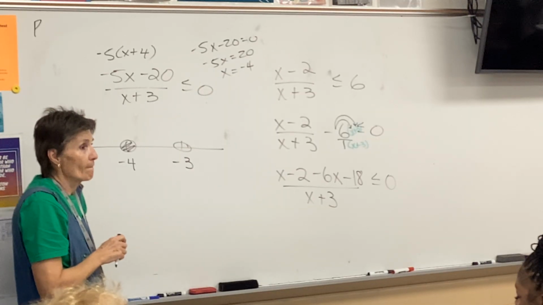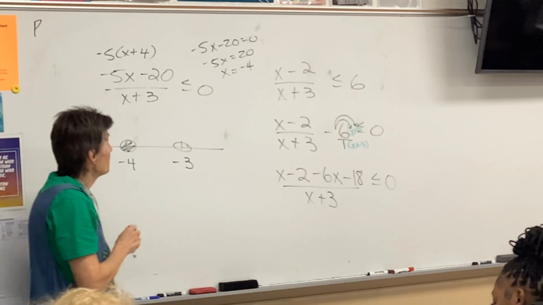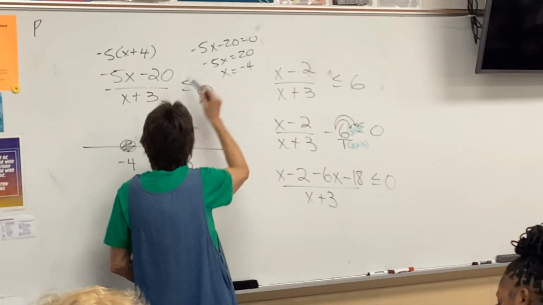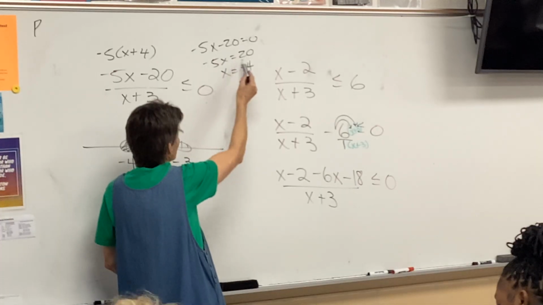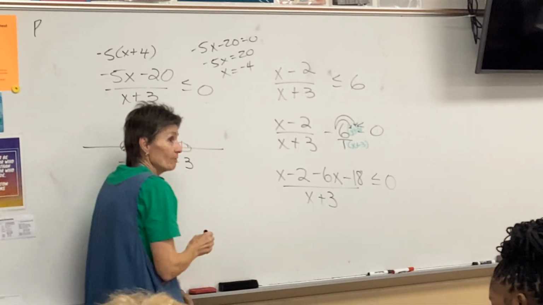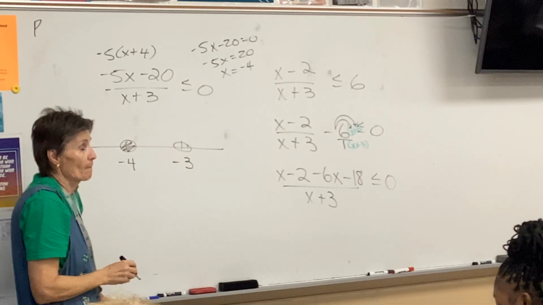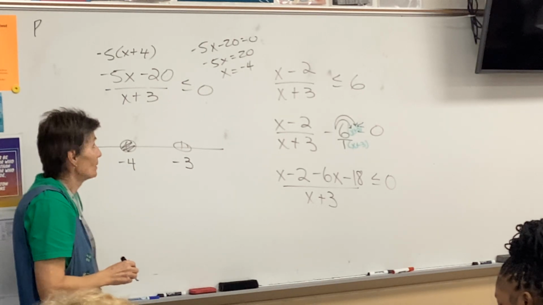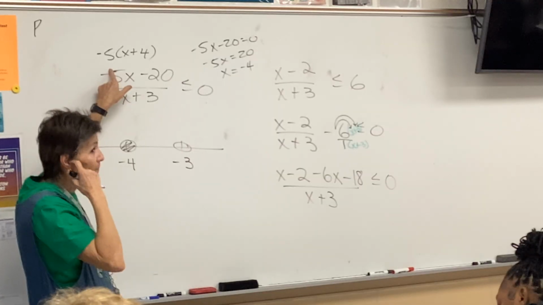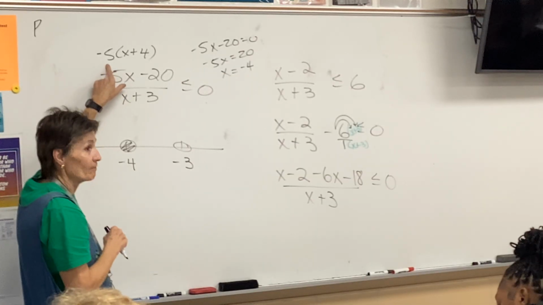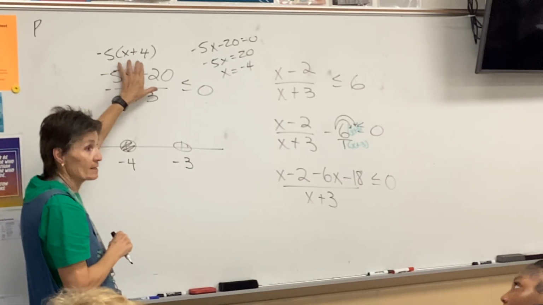Why is the 4 a negative 4, not a positive 4? Because when I solved it, I set my numerator equal to 0, add 20, divide by negative 5, I get a negative 4. And you wouldn't make the opposite? No, because it says x equals negative 4. If I do what Gabby suggested, factor out a negative 5, then I do the opposite because it's in parentheses.